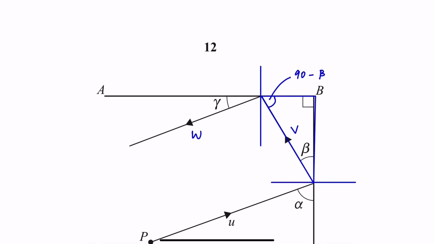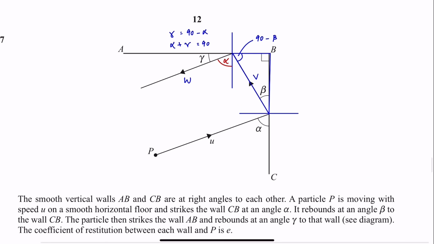so we know that this is 90 degrees, right? So gamma is 90 minus alpha, which means alpha plus gamma equals 90. So this angle right here would be alpha. Alright? And you can see that this and this are parallel.